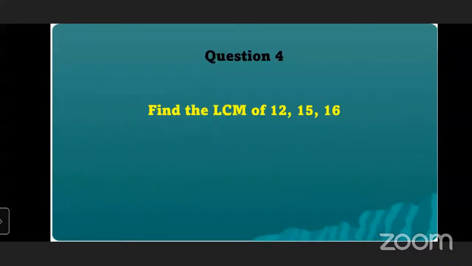Now, find the LCM of 12, 15, and 16. 12, 15, and 16. While the bigger number comes, you have to calculate it more.